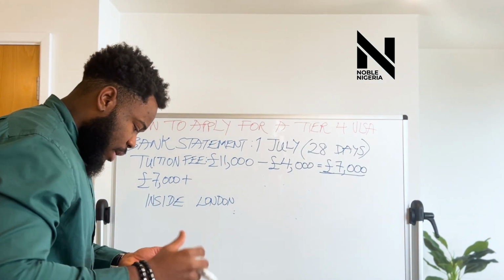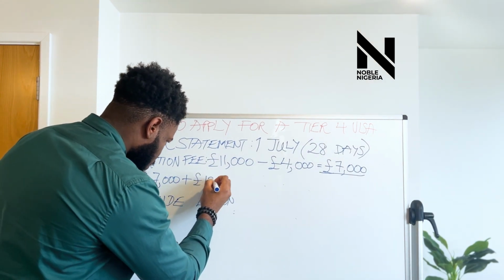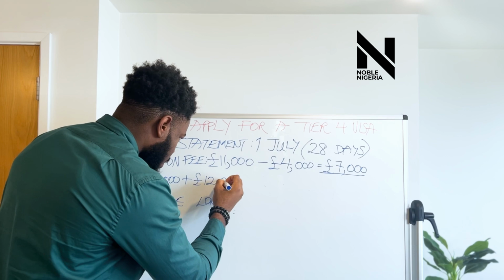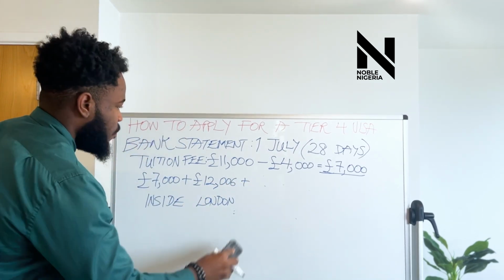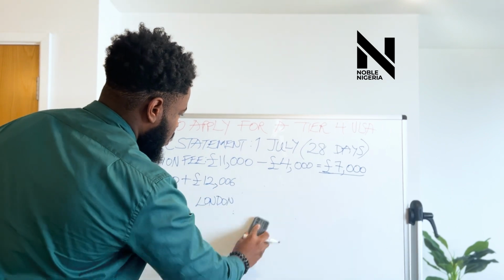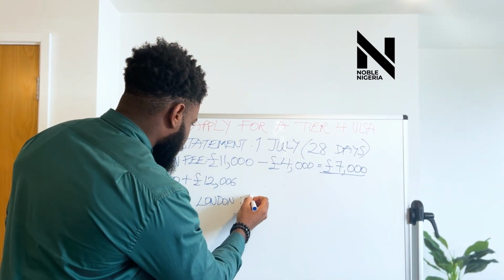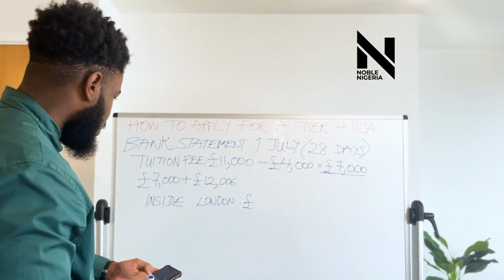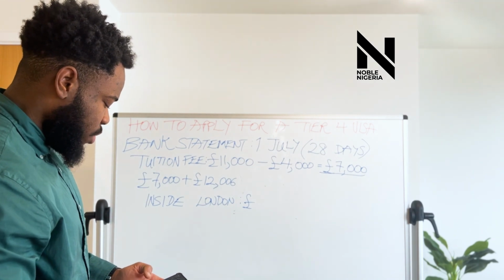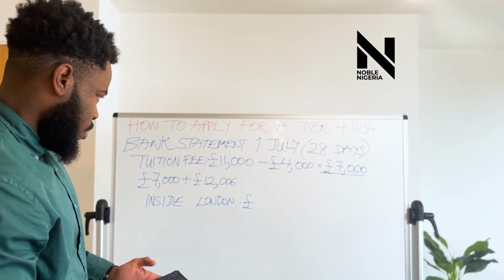Now, if you're inside London, you're going to need 12,006 pounds for yourself. Let me just do for yourself first before I go to your wife and your child, like in the former example. So if you're inside London, the total is going to be, again back to the calculator, £7,000 plus 12,006 pounds, right?